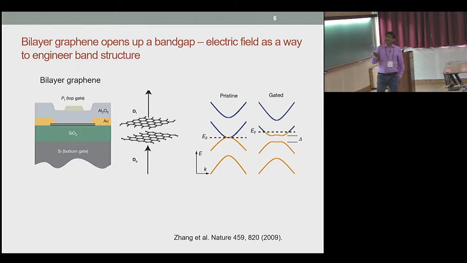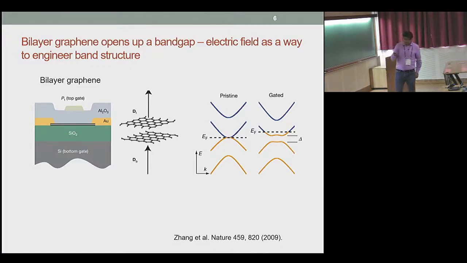But if you apply a perpendicular electric field using two electrostatic gates, you can gap out the spectrum, and the semi-metal becomes a semiconductor with a tunable band gap, and the band gap is a monotonic function of the electric field that you've applied. You'll also see something interesting here: the bands start to flatten out as the gap opens up.